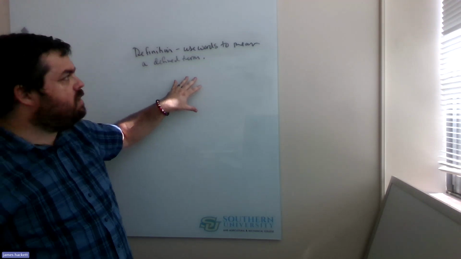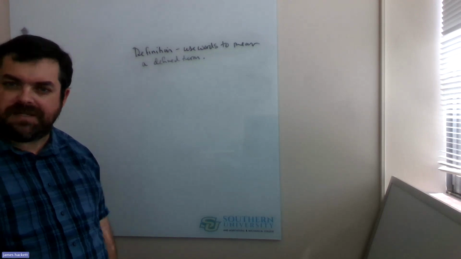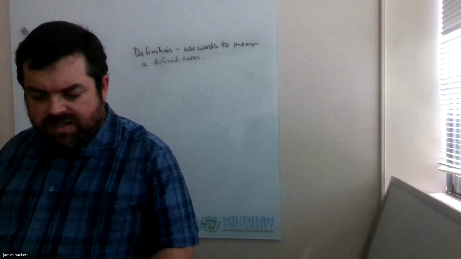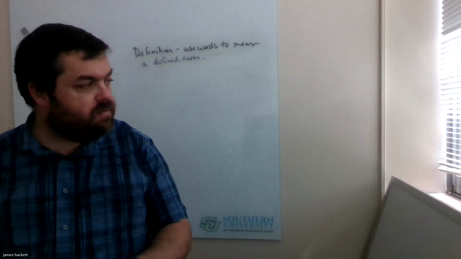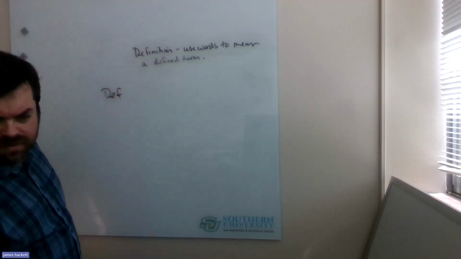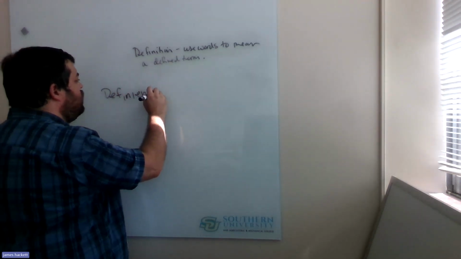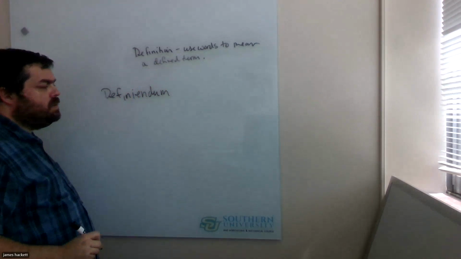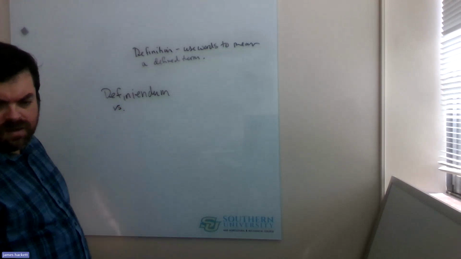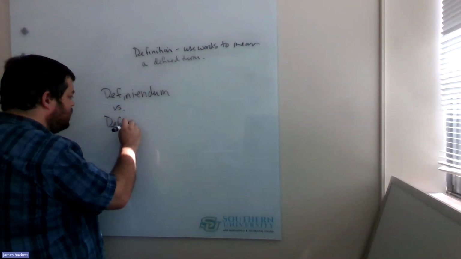And of course, it wouldn't be a logic class if we didn't make things a little bit complicated, even about such a basic concept. So, definiendum, right? How's it spelled? D-E-F-I-N-I-E-N-D-U-M. This is different than the definiens, however you want to say it.